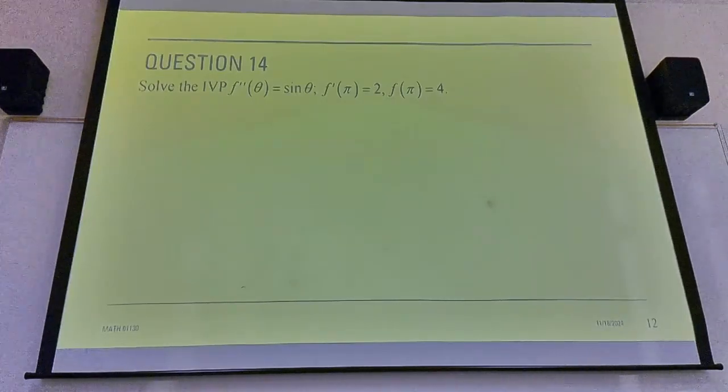Notice f prime and f are both at the same value pi. That is how you know it's an initial value problem.